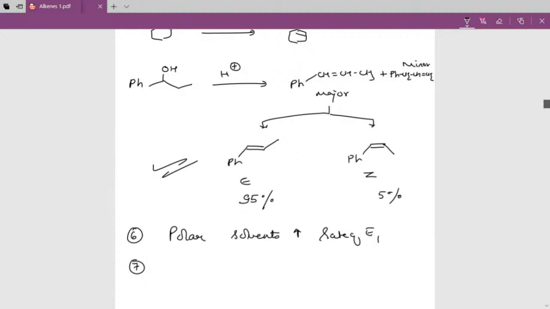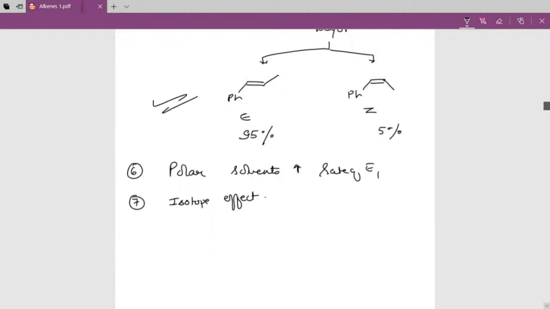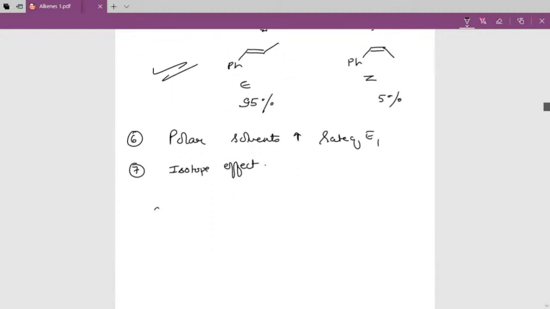Next is, can it show isotope effect? Well, practically, I would say yes. It can show a weak, not that dominating, but weak isotope effect. What I want to say is that dehydration of this alcohol will definitely be faster than this.